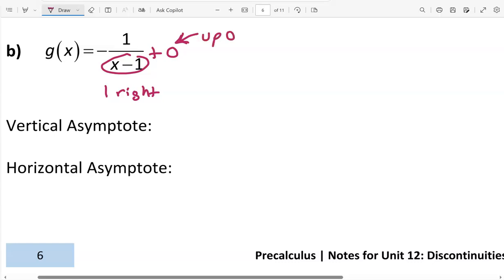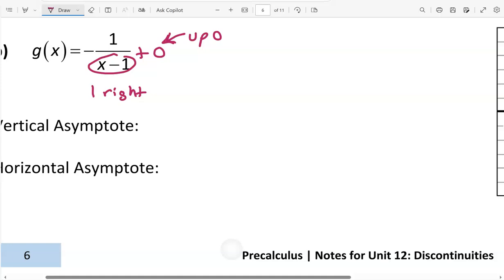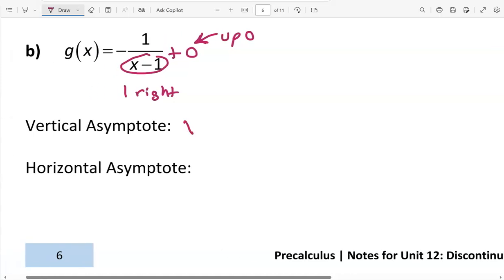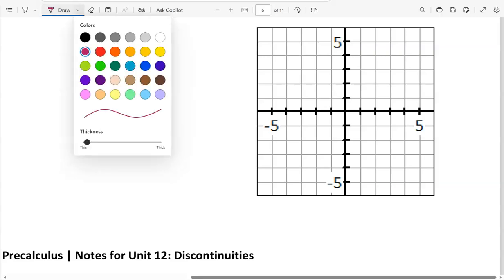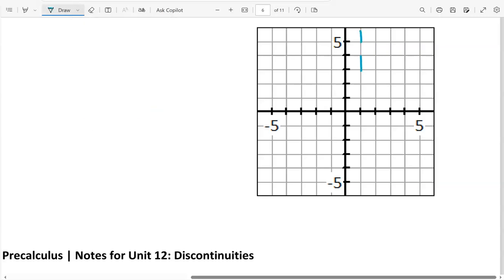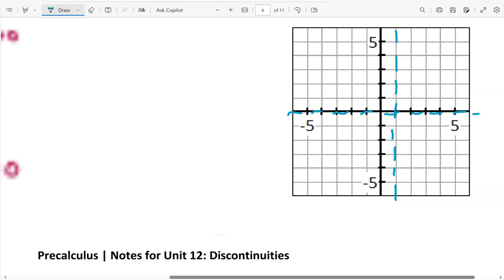So just a translation to the right. That means our vertical asymptote will be at x equals 1 and horizontal asymptote at y equals 0. I'm going to go ahead and sketch those two asymptotes in, x equals 1 with a dashed line and y equals 0 with a dashed line.